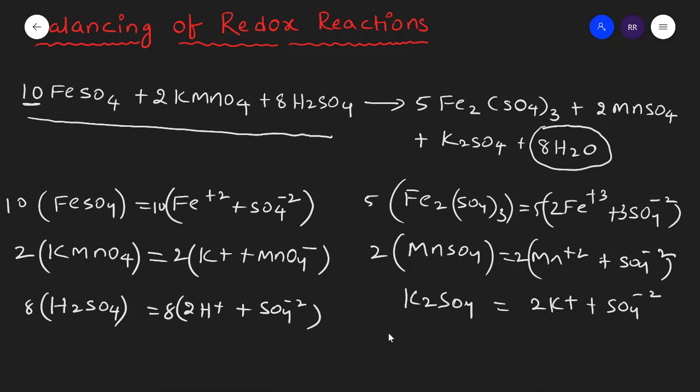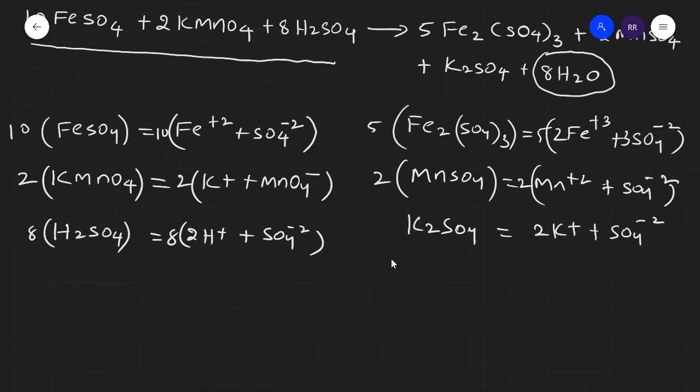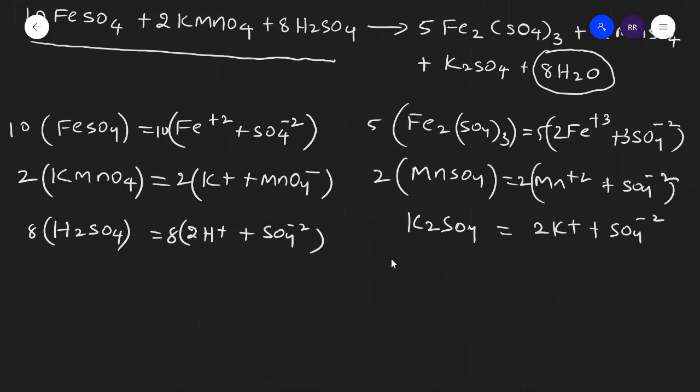So after doing this, what to do? We have to identify the spectator ions. First, what is meant by spectator ions? Spectator ion. It is very simple. Those ions which do not take part in the reaction are known as spectator ions.